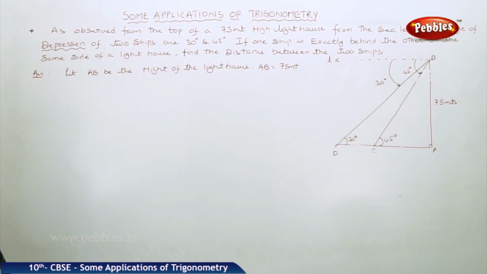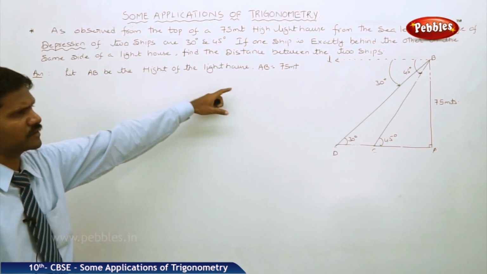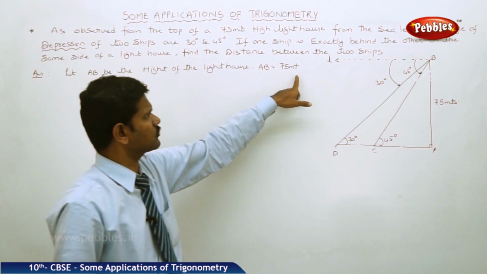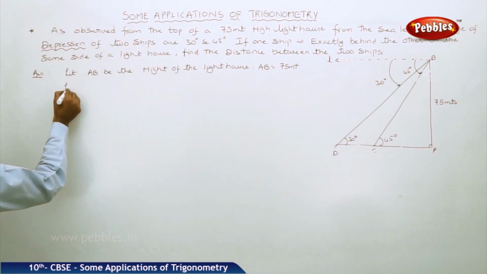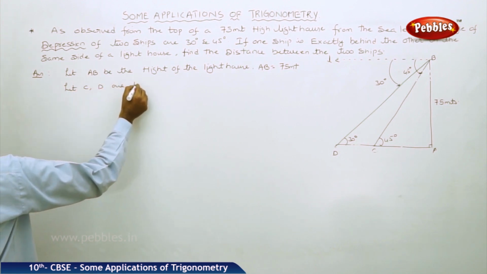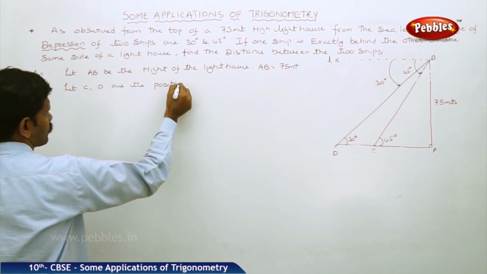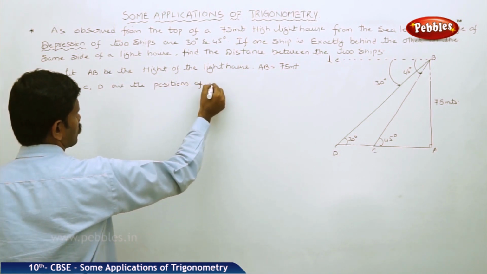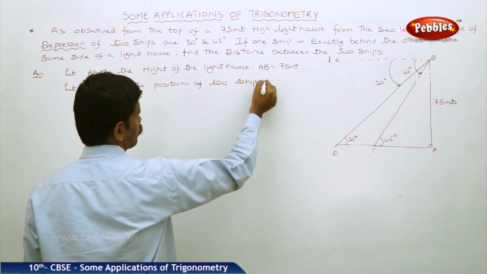Now let us write the first information. Let AB be the height of the lighthouse and AB is equal to 75 meters. Let C, D be the positions of the two ships.